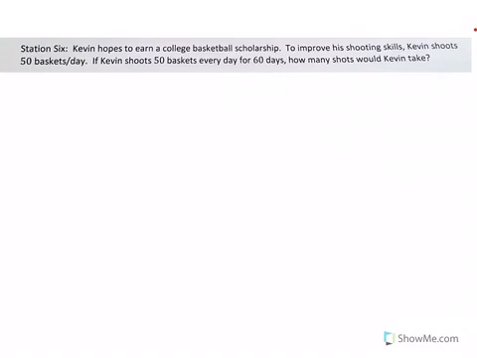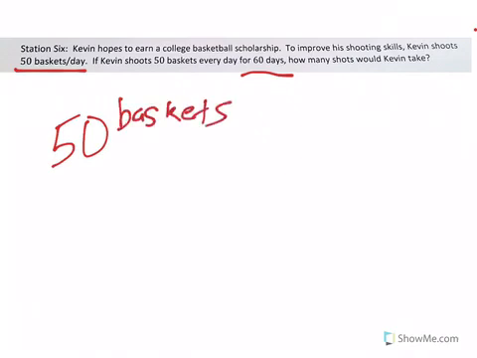Kevin hopes to earn a college basketball scholarship. To improve his shooting skills, Kevin shoots 50 baskets a day. If he shoots 50 baskets every day for 60 days, how many shots would Kevin take? Well, you'll notice that I didn't underline the 50 again because it's just referring to the 50 every day he's going to take. So I didn't want to get confused. What I really need to know is he's going to shoot 50 baskets every day.